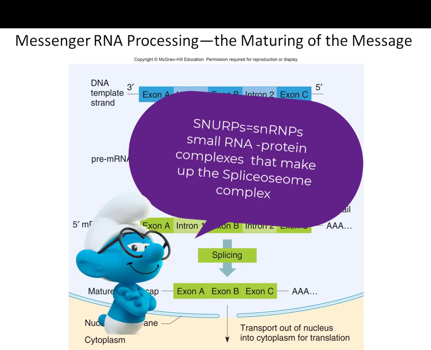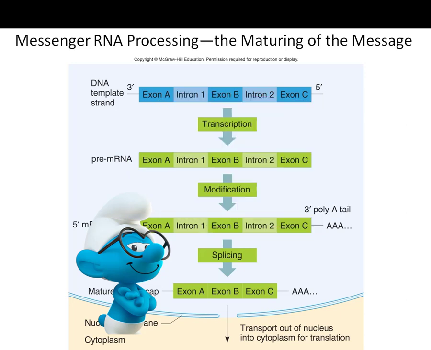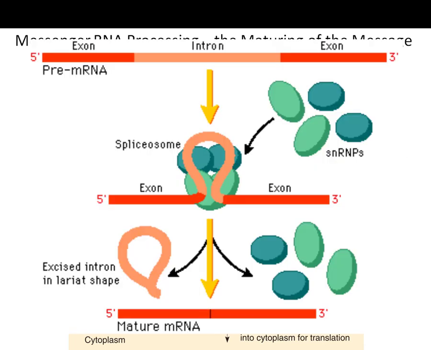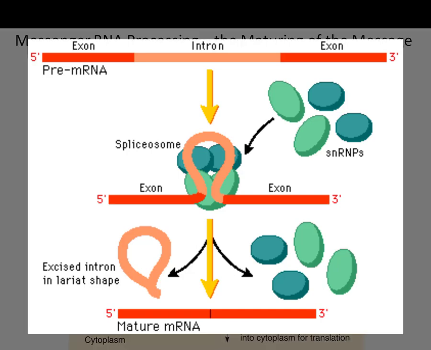These are short RNA and small protein complexes. They bind at the intron-exon junction, they recognize those specific sequences, and then they make sure that the intron forms a lasso structure and gets excised, and exons are kept.